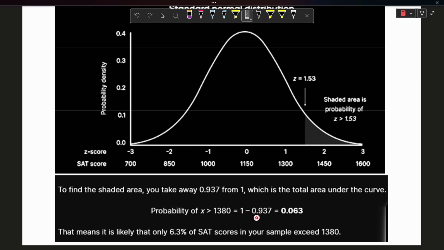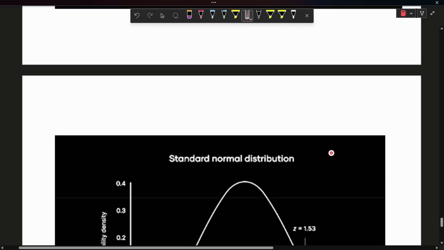So 1 minus 0.937 is 0.063. That means it is likely that only 6% of the SAT scores in your sample exceed this. Only a 6% chance that the SAT scores will be above 1380. Using this curve, we can find so many insights.